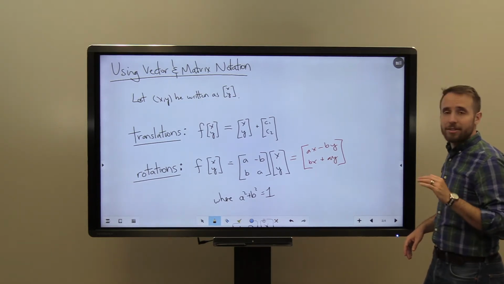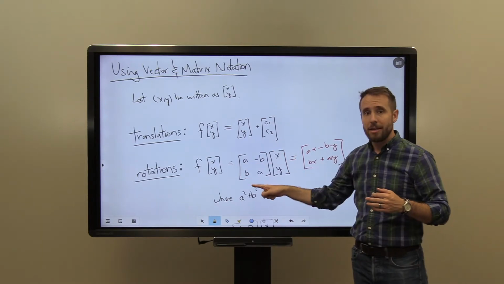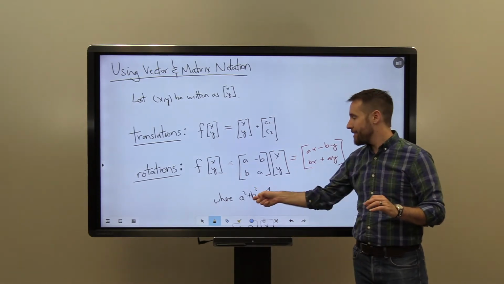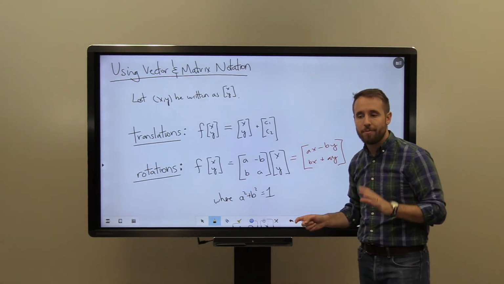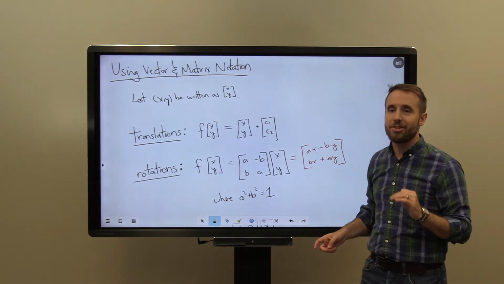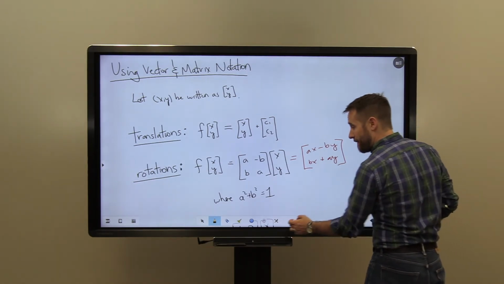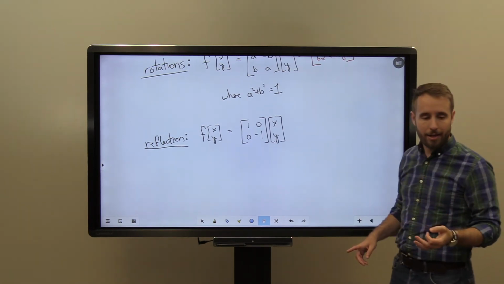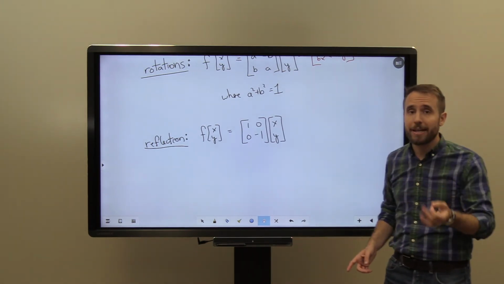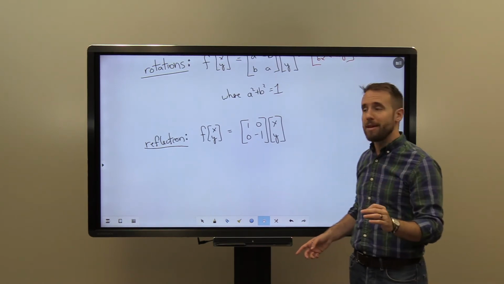I should say, it is a rotation matrix if it has this form and if we have a squared plus b squared equal to 1. That will be a rotation matrix that describes a rotation in the plane. And then finally, we have our reflection action as well. The reflection action can be described using a specific matrix.